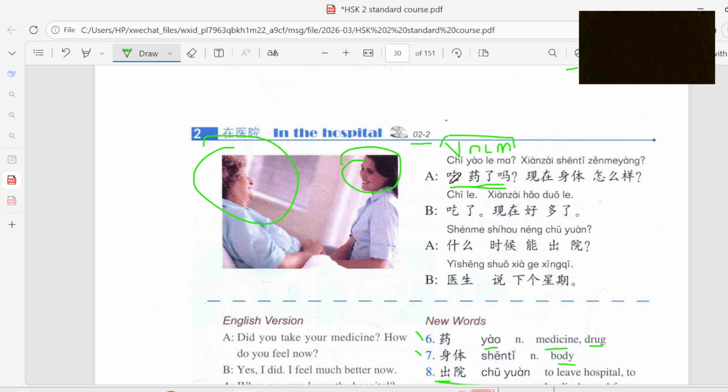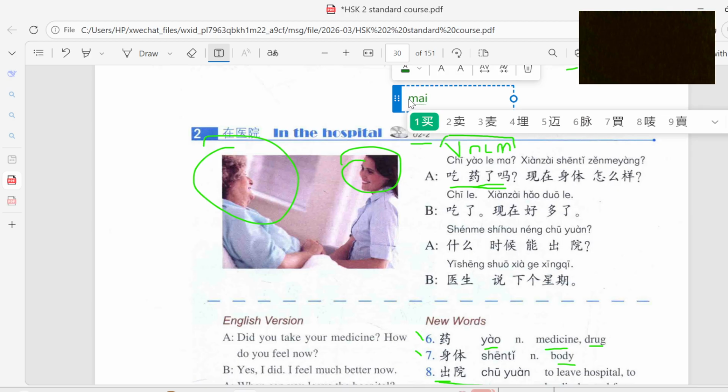For example, you can say drink, or mai, which is buy. Let's use this same formula, verb to buy. This is how you write mai.